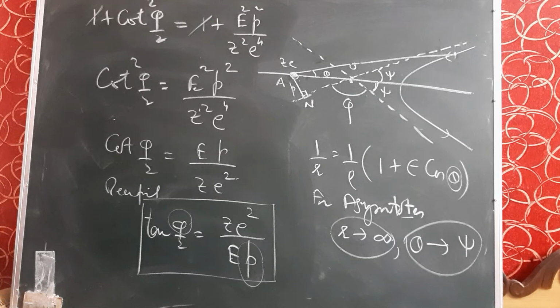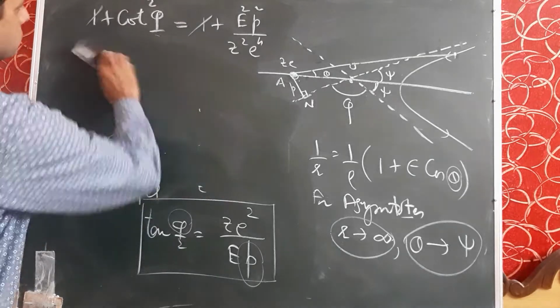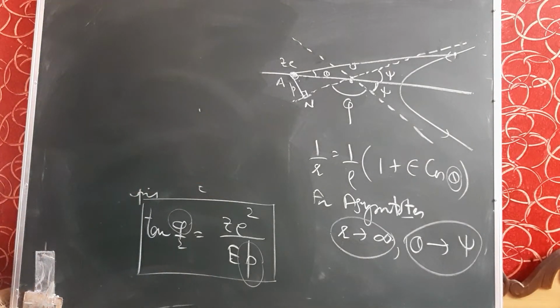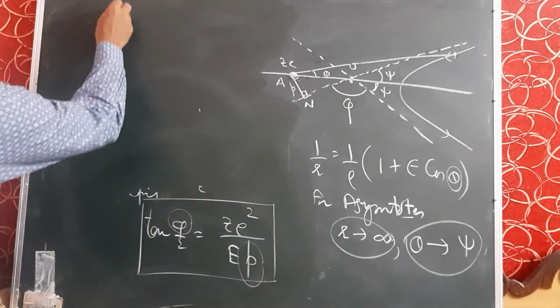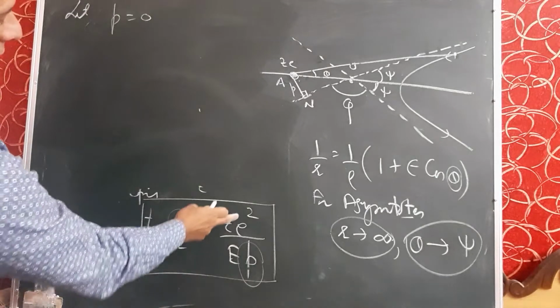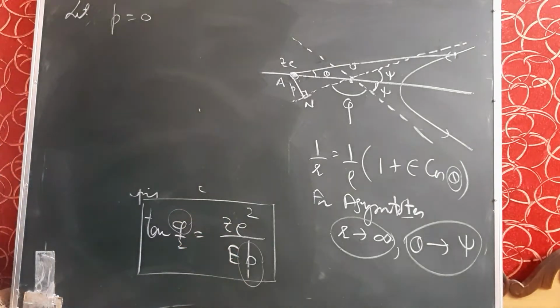Now, we will discuss the special case. Let P be equal to 0. It will become something upon 0, infinity.